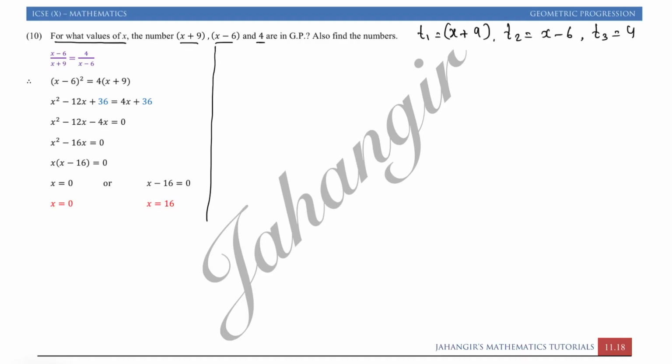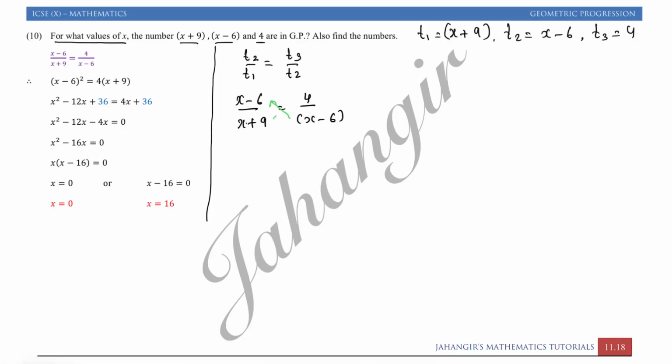So here again we will say T2 upon T1, that is the ratio, is equal to T3 upon T2. These are the common steps which we can add. T2 upon T1 is x minus 6 upon x plus 9 is equal to 4 upon x minus 6, that is T3 upon T2. Now we will do cross multiplication.